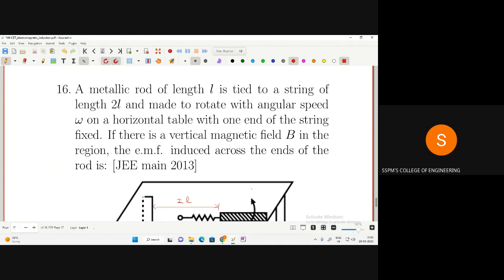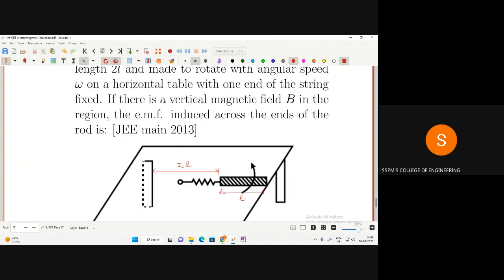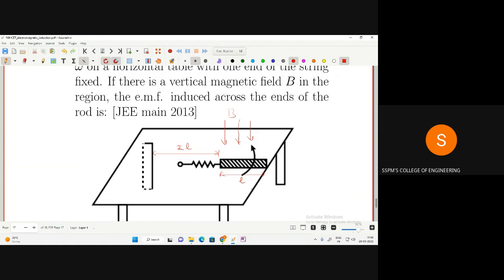If there is a vertical magnetic field, आता हे जे magnetic field आहे vertical आहे असं आहे. The magnetic field is vertical. Then what is the EMF induced across the end of the rod?